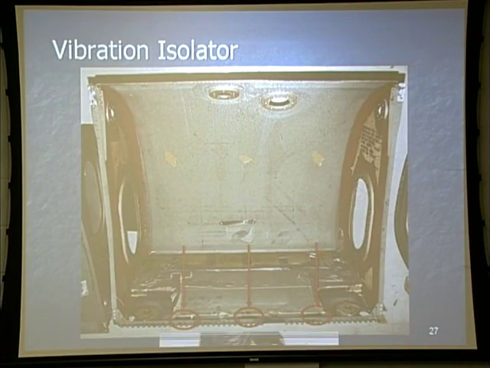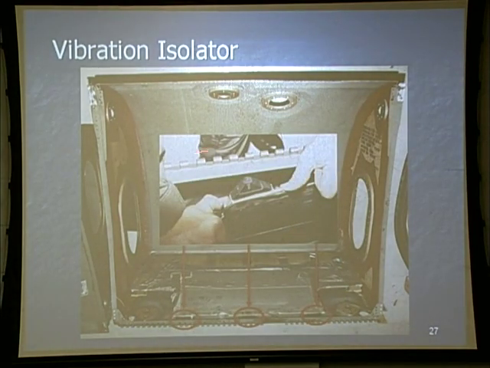Now, inside the tank itself, we have those vibration isolators. They're just like the ones that are in the floor between station 200 and 400, 44 left, 44 right. And all they do is reduce the amount of vibration that's being transferred.